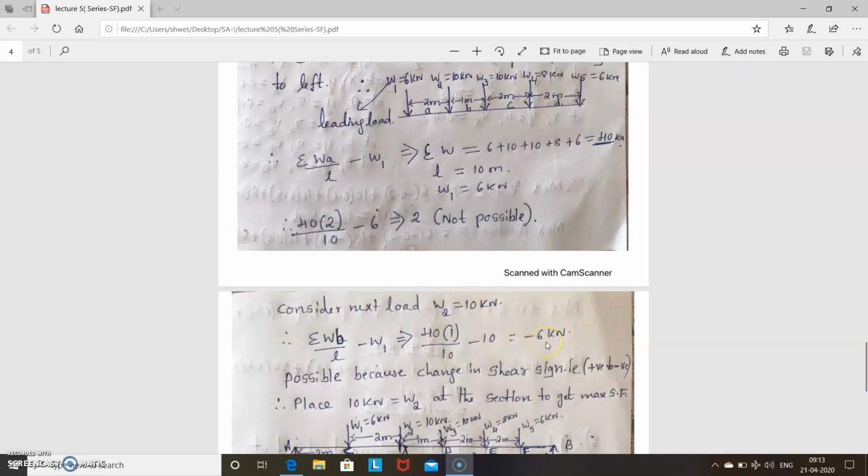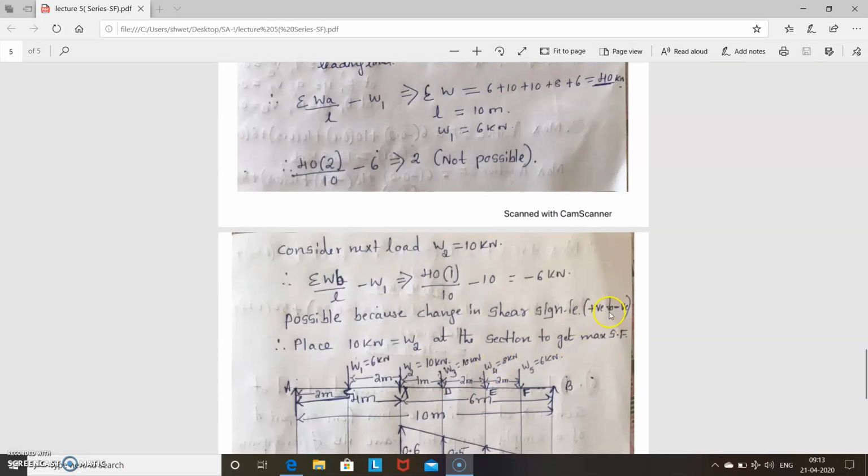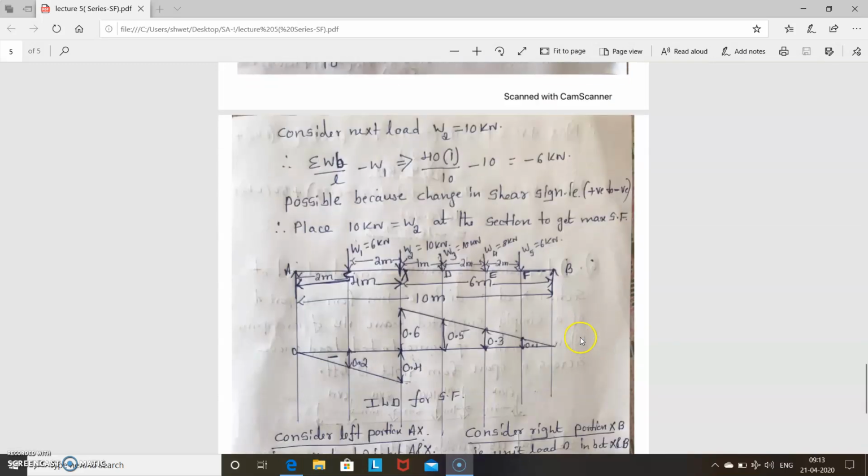So you get a negative value. So in the second trial itself we got the negative value. This is the load you have to place at the section. This is possible because of the change in shear sign: the first value was positive and the next one is negative. So place 10 kilonewton W2 at the section to get maximum shear force.